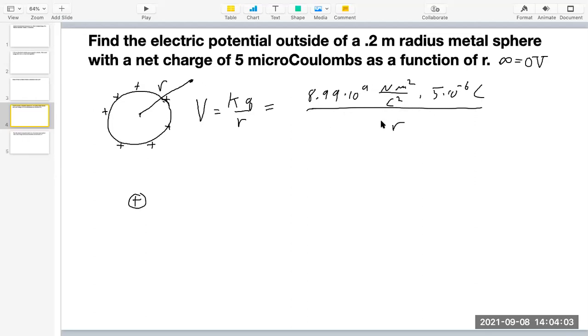And that's because we've got our hidden power of meters in this radius here. So the closer we get to it, the greater the electrical potential.